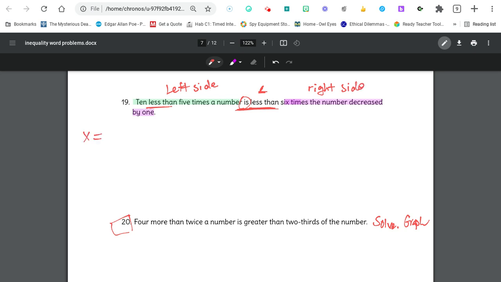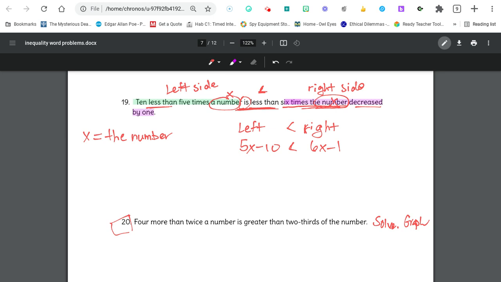First of all, I don't know the number, so that's going to be x, and 6 times the number, that's going to also be x. Okay, so let's work on the left side. The left side is going to be less than the right side. Working on the left, 10 less than 5 times the number, that's going to be 5x minus 10. Now go to the right side. 6 times x decreased by 1.